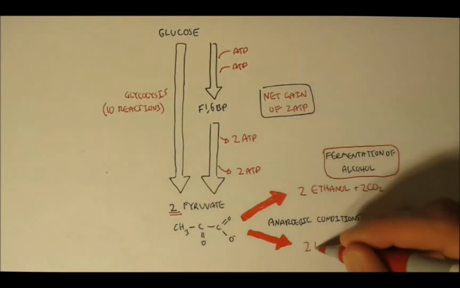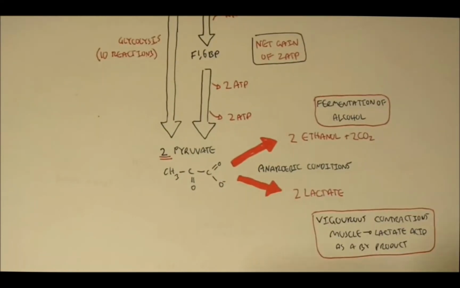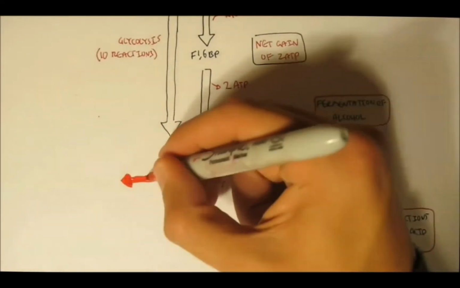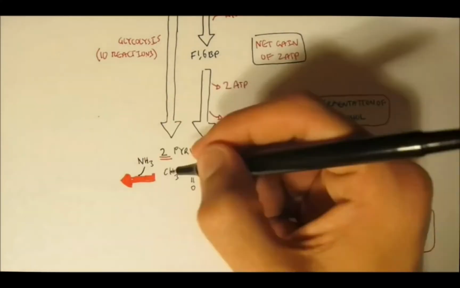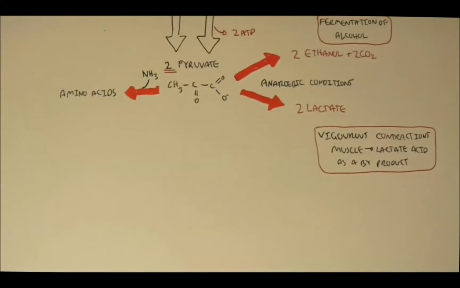Or alternatively, the 2 pyruvates can produce 2 lactates, which is a byproduct of muscle when using glycolysis for energy, and occurs when exercising vigorously. Alternatively, the 2 pyruvates can become amino acids, such as alanine, which has a very similar structure to pyruvate.